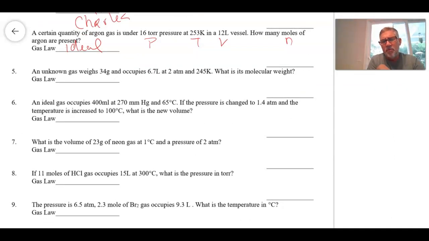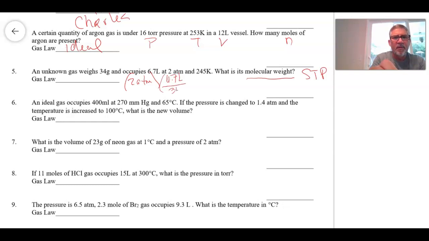I didn't give you that law, and I didn't realize it was here. But really what it's asking you to do is molecular weight, which requires STP. So the way you would set this up: P1 and P1, 6.7 liters has a mass of 47 grams.